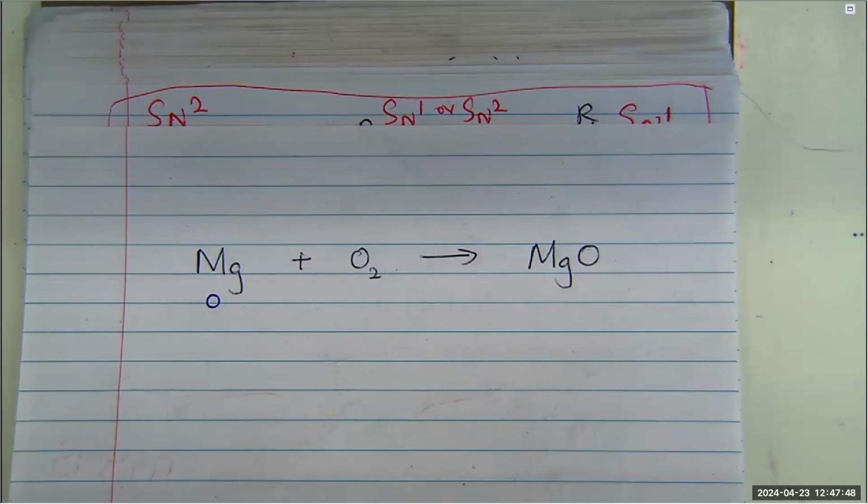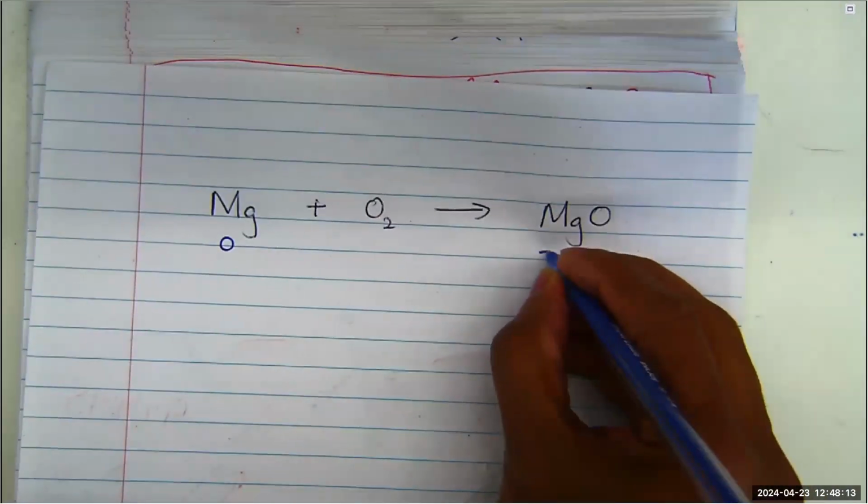Lauren, I want to see the whiteboard. Yes, it is +2. How do we know? Magnesium in an ionic compound forms a +2 charge. That's it. So the charge here is +2.